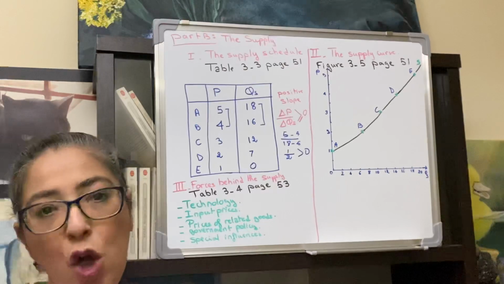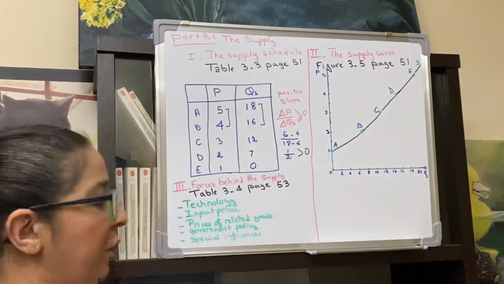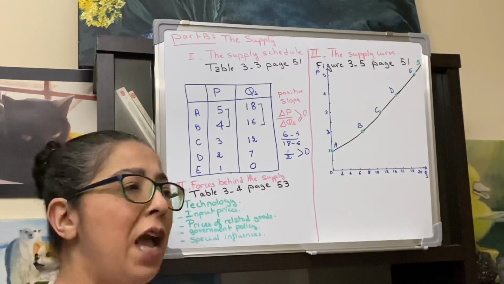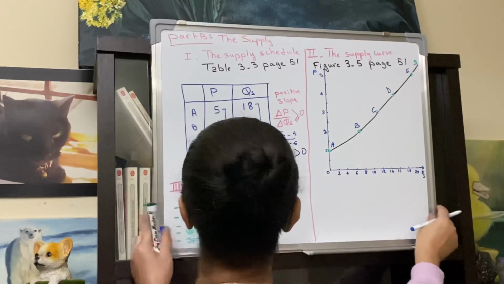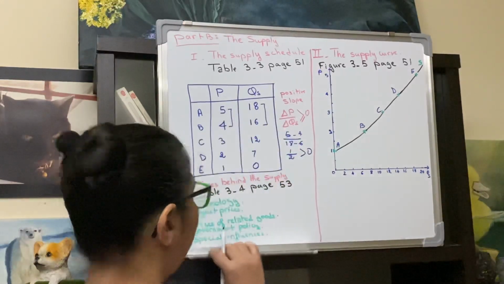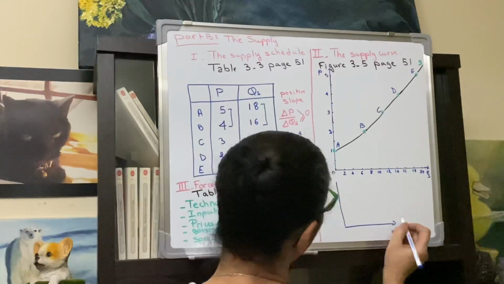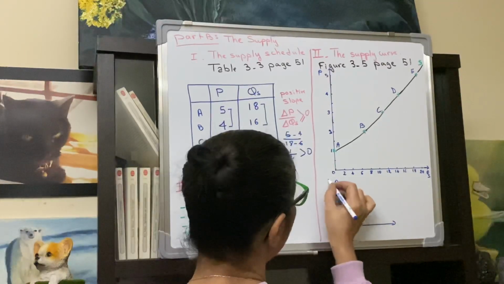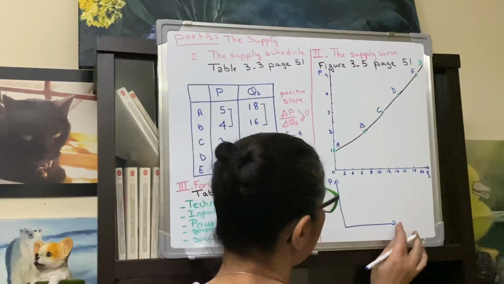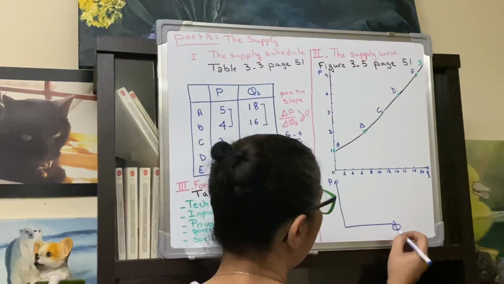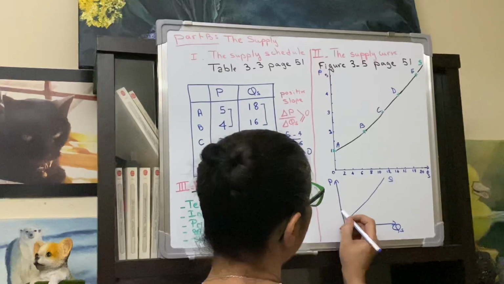Let's imagine we discover a new technology. That's the first force. So if we have, imagine a supply like this one. Don't move the board, move only this thing. I know it's small, but I don't have a lot of space. So P, quantity supplied, and here is a supply, okay?